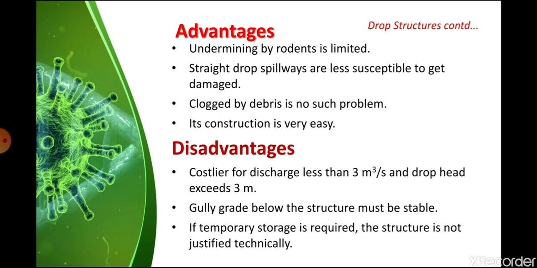When the water drop head increases more than 3 meters, there will be a lot of issues due to striking of water onto the apron, as well as other structures are also available. So we'll see ahead.